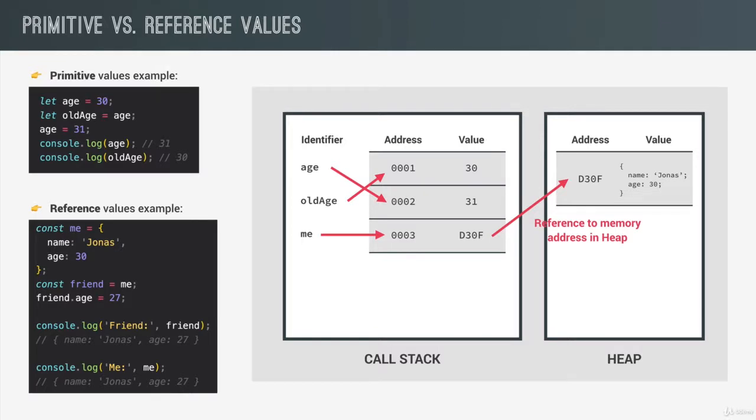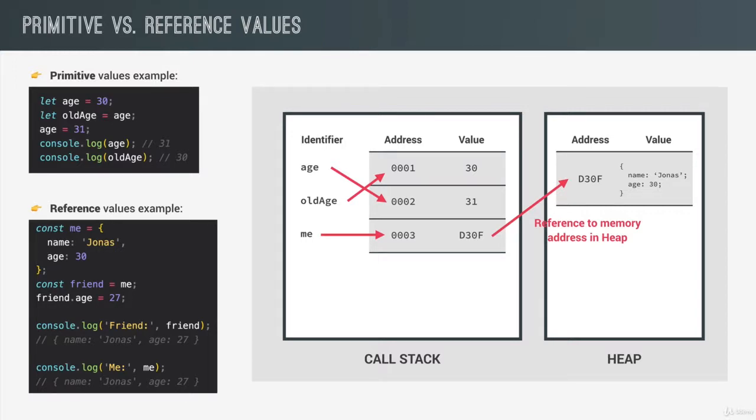Okay? And that's the reason why we call objects reference types in this context. So again, when we declare a variable as an object, an identifier is created which points to a piece of memory in the stack, which in turn points to a piece of memory in the heap. And that is where the object is actually stored.